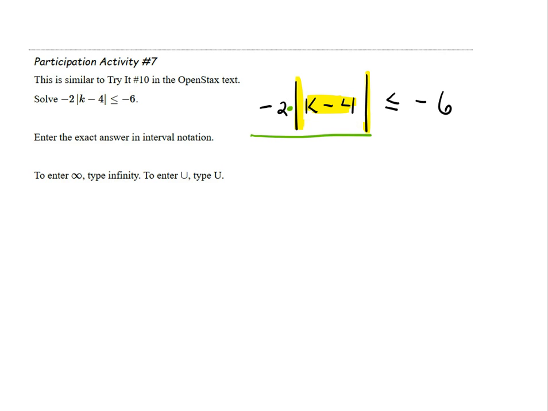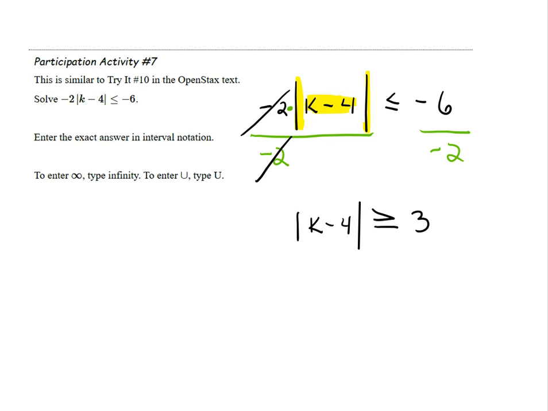So I'm going to have to divide both sides of the inequality by -2, because then -2 over -2 makes that a 1 times all that stuff. So you're just left with all that stuff, the absolute value of 4 minus k. But since I divided by a negative, I have to switch that from less than to greater than or equal to, and I get a 3.